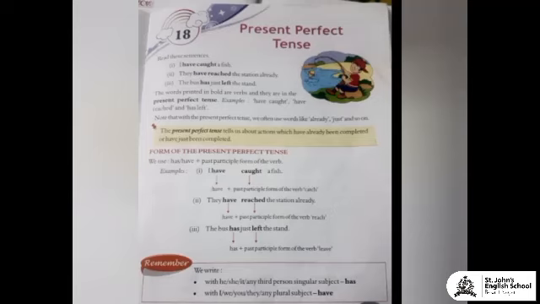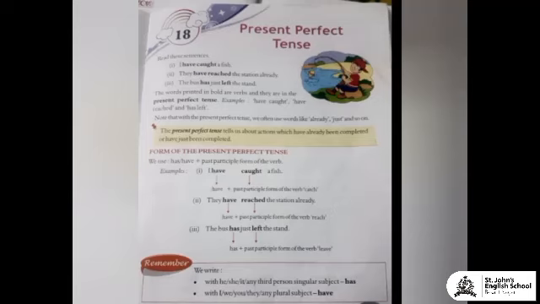See the third one. In the third sentence, the verb given is leave and the subject is the bus. Bus is singular. For singular, you should use has. The bus has just. What is the past participle of leave? Left.